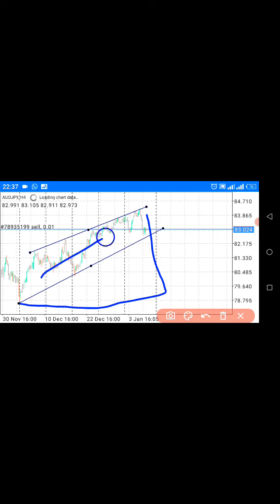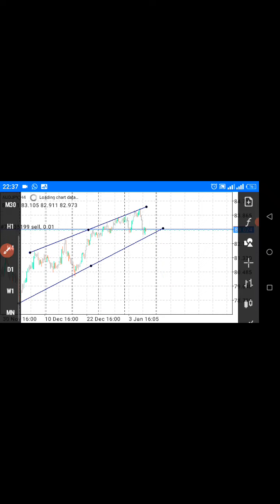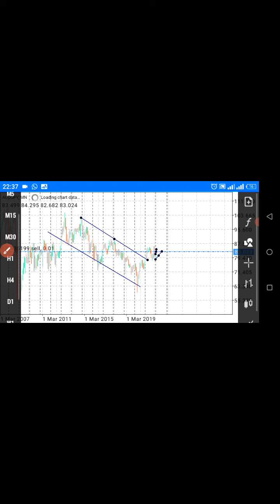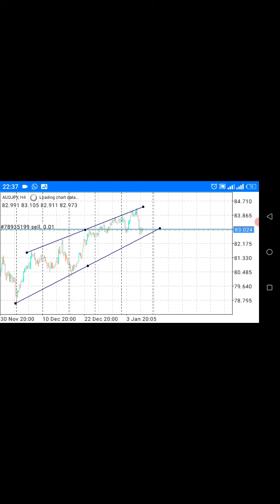Ascending channel is when it goes up and descending channel is when it goes down. Like this we have an ascending channel, and the monthly one is a descending channel. Let's go to the monthly one and check it. You can see that it comes down, it descends. We are expecting our movement here, but in these 4 hours we see that it goes up. So we are expecting a down movement here.